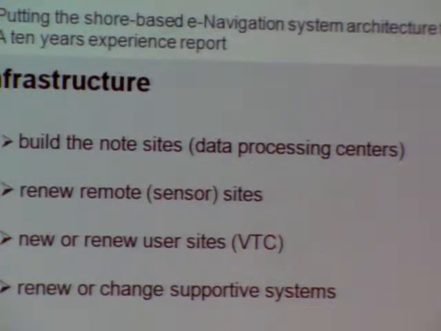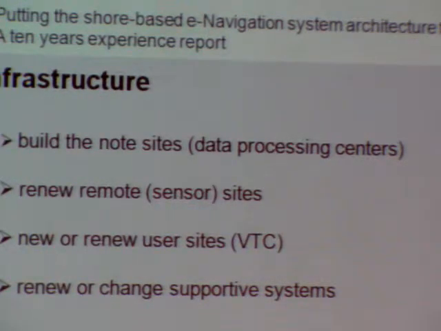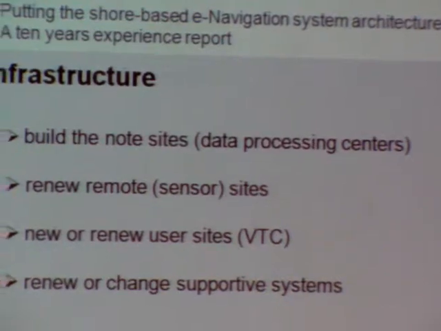And also we figured out that we were triggered by the technical update, that we had to renew some user sites or even build new user sites, meaning VTS centers. And we had to renew also our supportive systems. Okay, this trigger to renew equipment is also a chance for harmonization. And again, it's another effort for the project management.